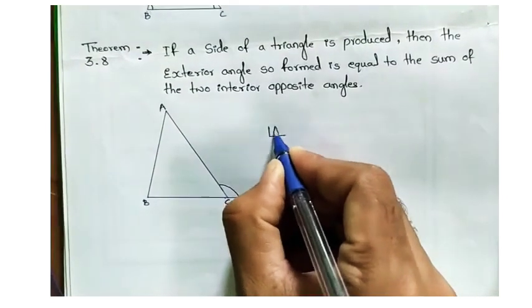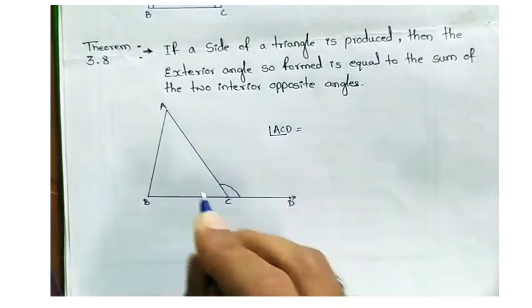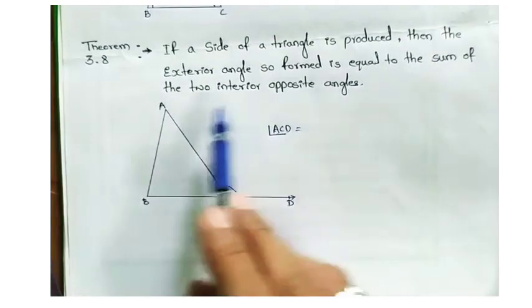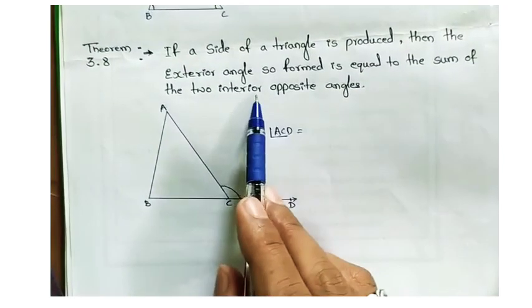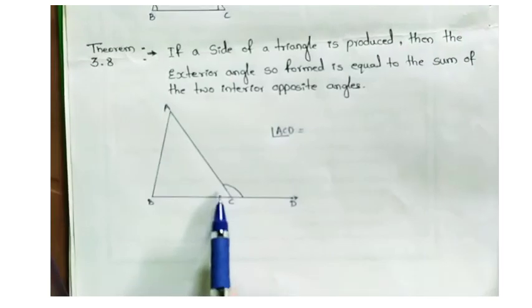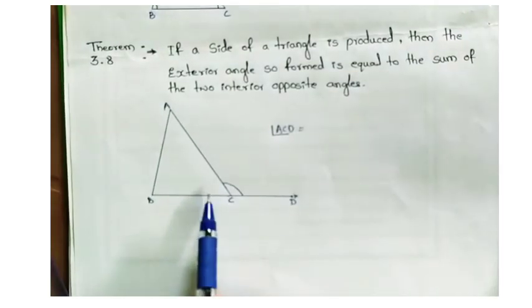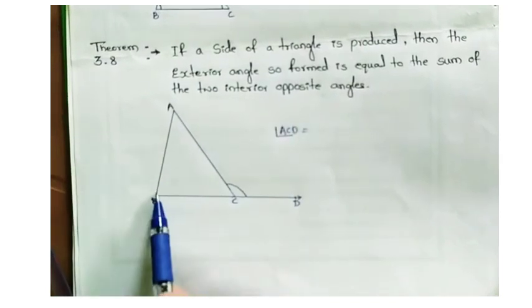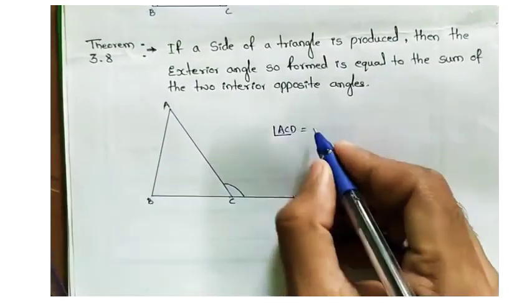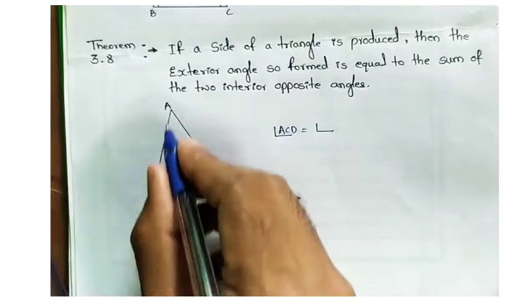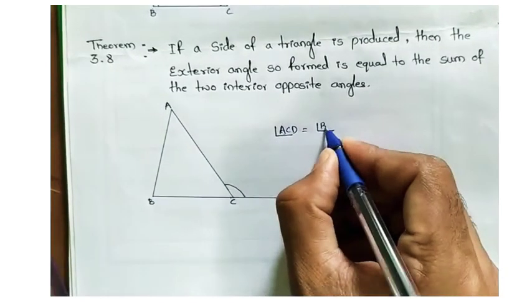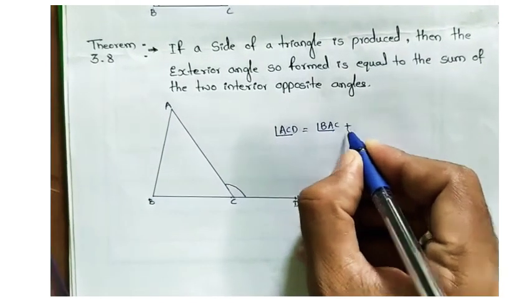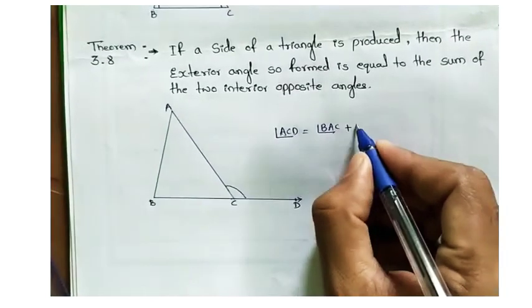That angle is equal to what? Equal to the sum of the 2 interior opposite angles. So interior means inside. Which are those? In that also opposite. Opposite means B and A. It means angle BAC plus ABC.